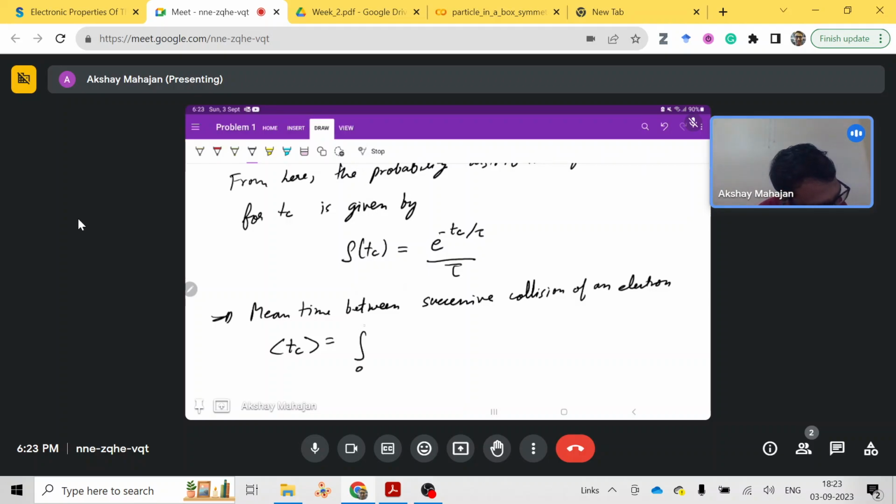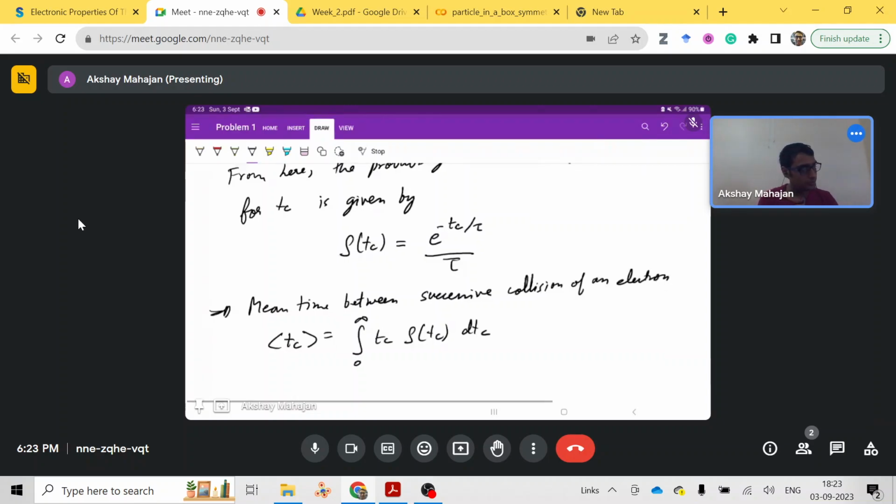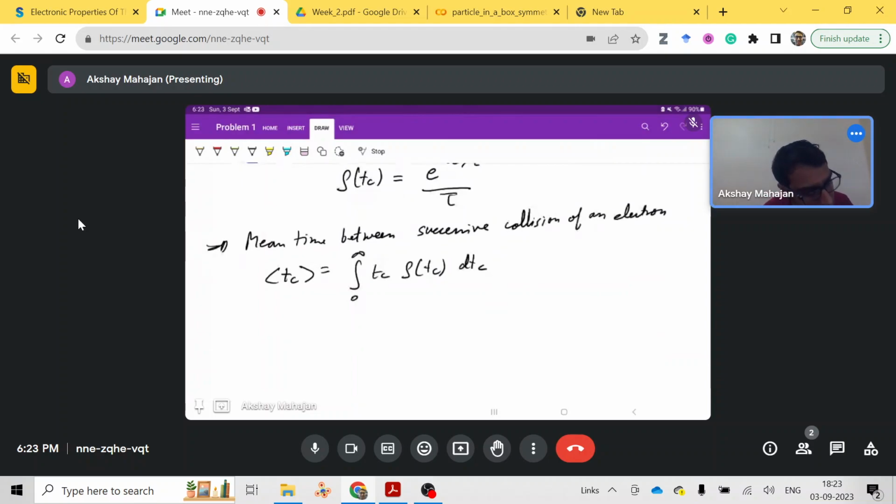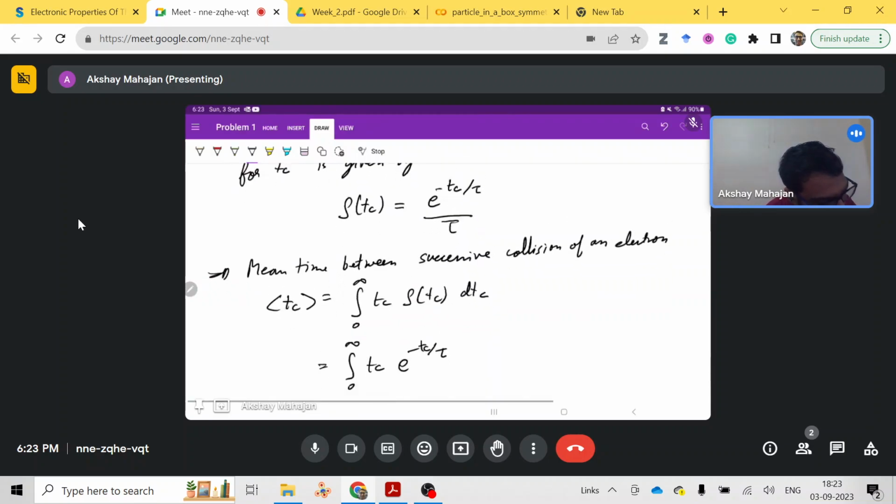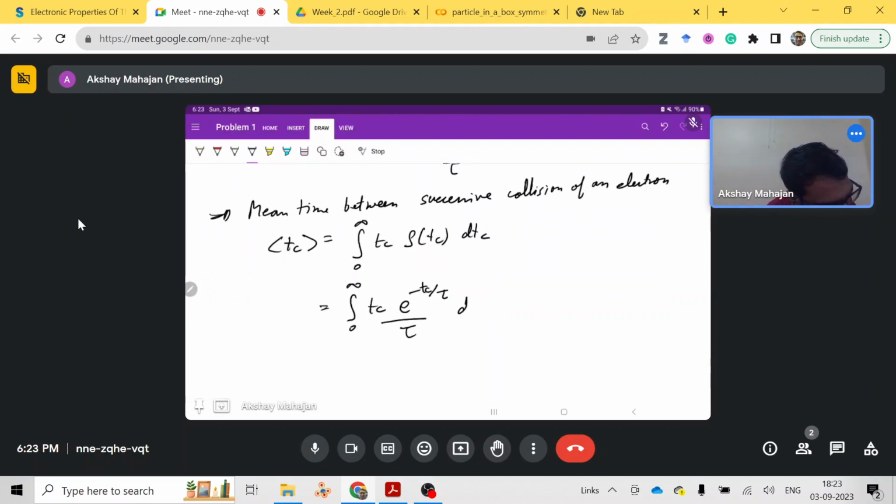The average formula is you just have to integrate, Tc is positive, so from 0 to infinity, Tc times rho of Tc dTc. You take the value times the relative distribution and integrate it. That comes to the integral from 0 to infinity of Tc e to the power minus Tc by tau, divided by tau, dTc.